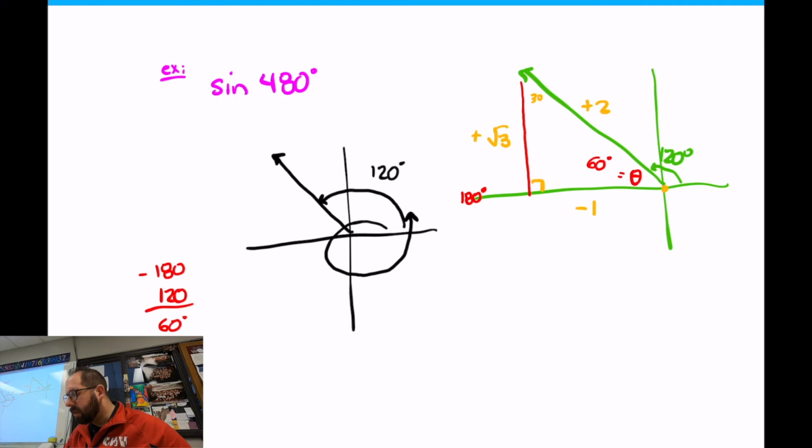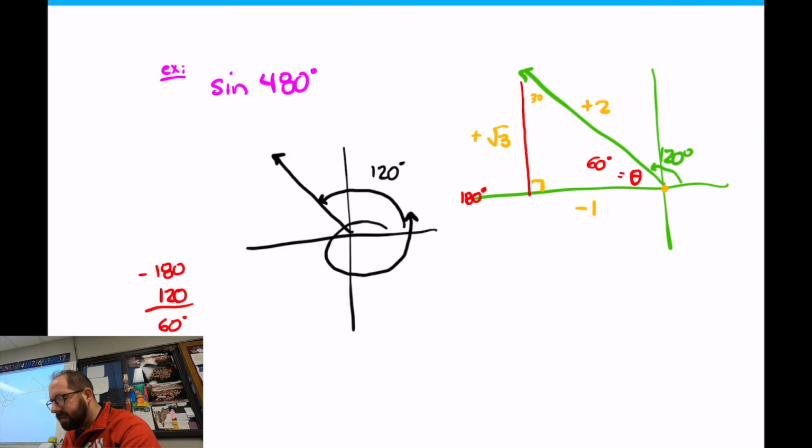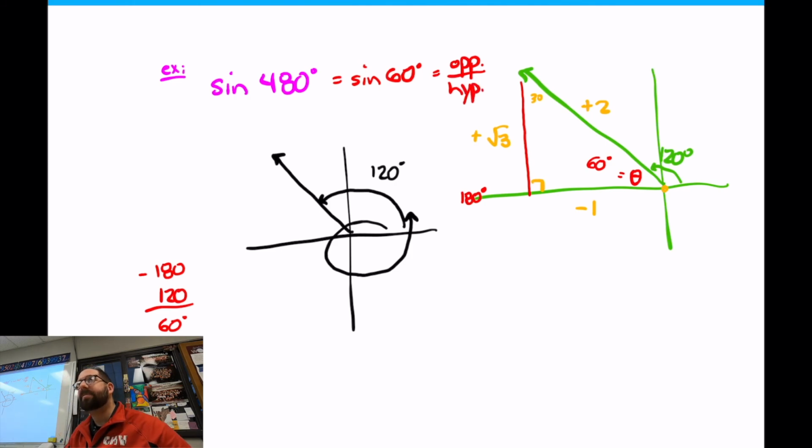Now we're looking at sine, not tangent, so I have to think about what sine stands for. Again, this is going to be the same value as the sine of 60, that's my reference angle I'm using, and sine stands for opposite over hypotenuse. So what is the opposite of 60? Square root of 3. The hypotenuse? 2.